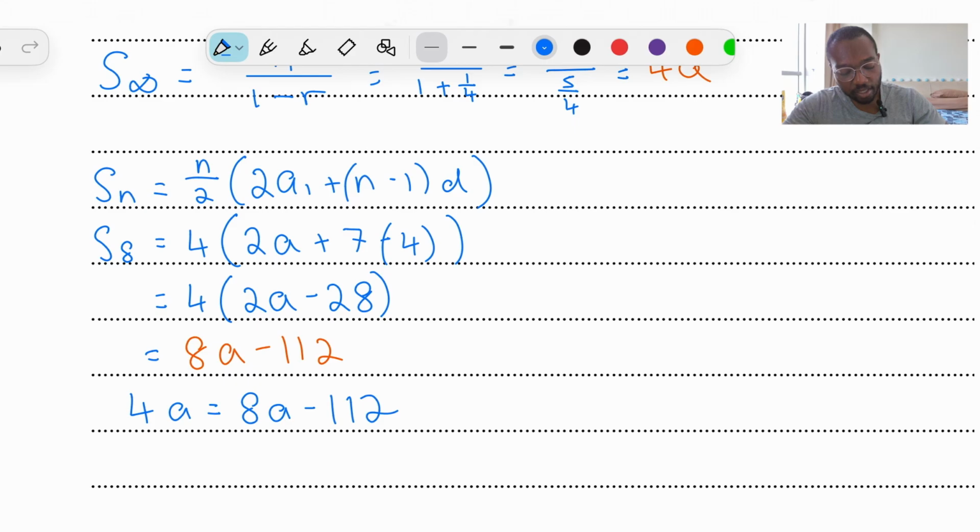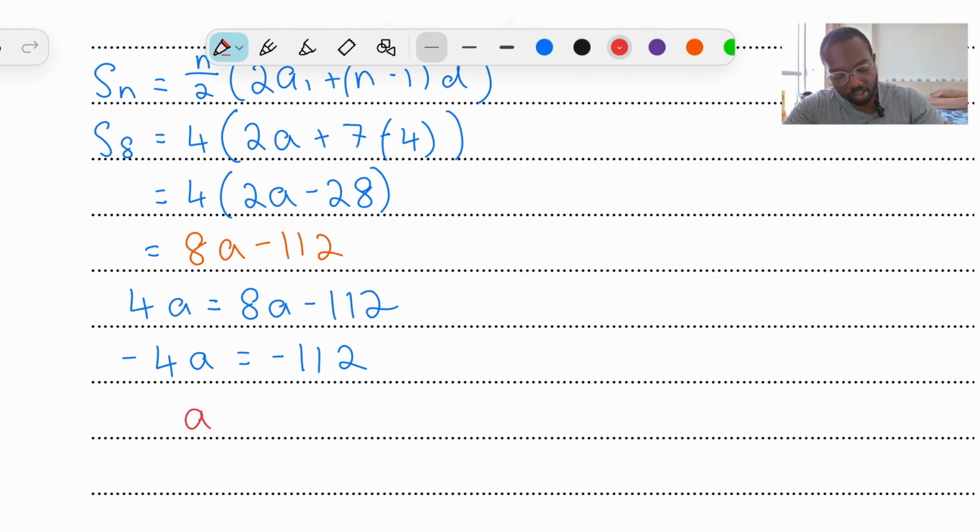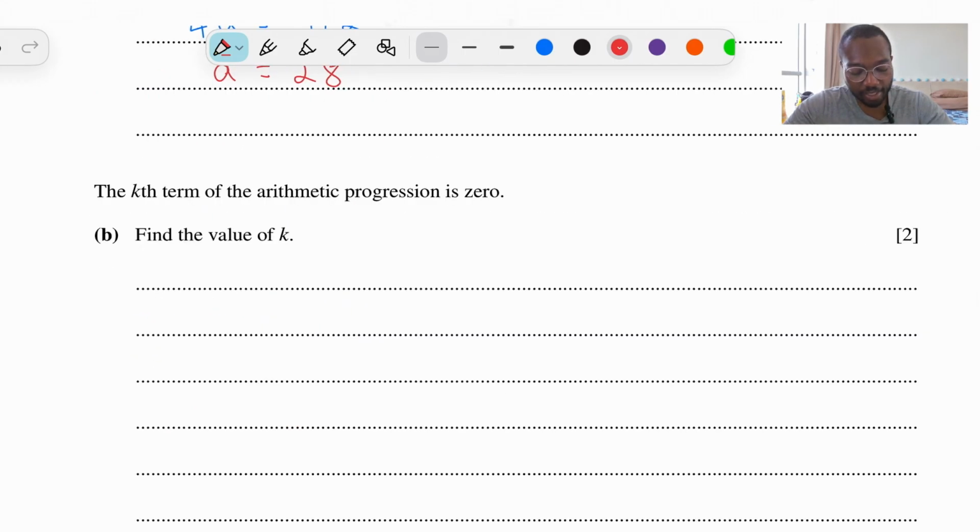And then we can rearrange this. So let's bring that 8a to the other side. So we get minus 4a is equal to minus 112. Therefore, our a value is just minus 112 divided by minus 4, which is simply going to be 28.